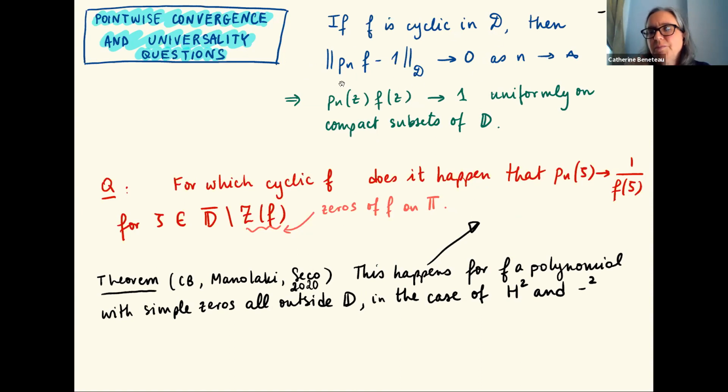We talked about that in the very beginning. And that implies, because of the way this norm behaves, that inside the disk I have uniform convergence on compact subsets of the open disk. So pointwise, certainly, I have quite a nice convergence inside the disk.